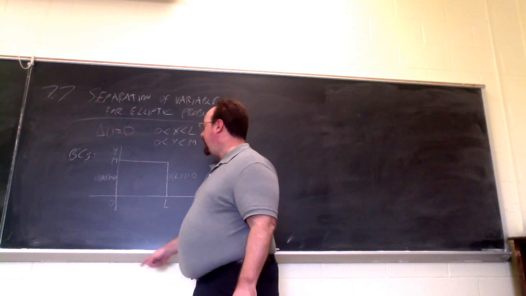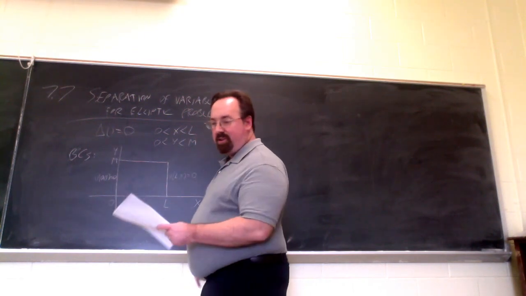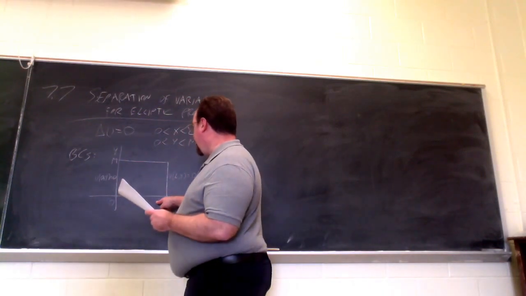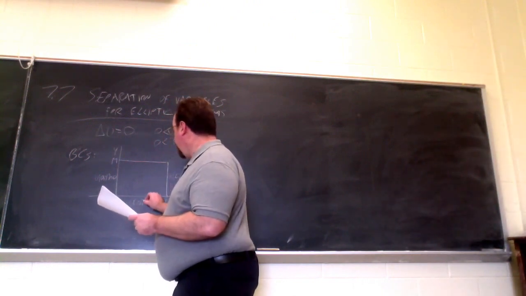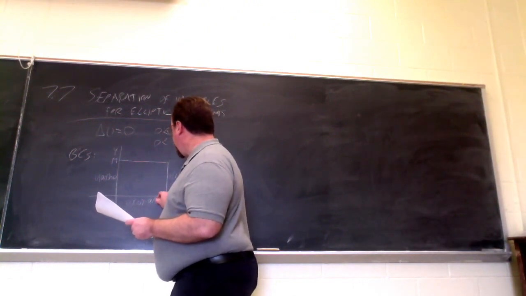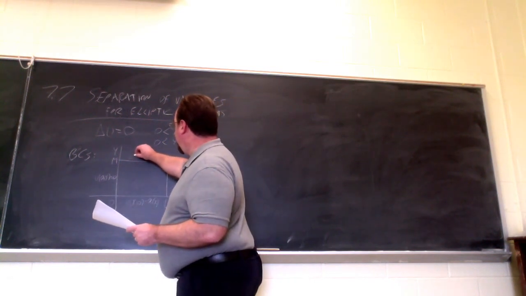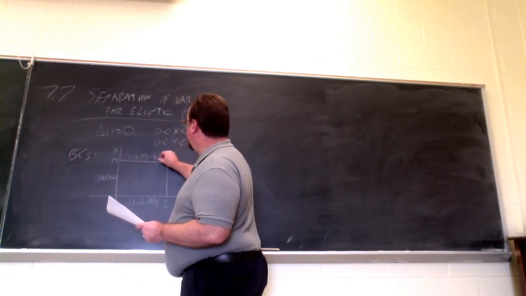So this boundary condition is a function of y, and it just happens to be 0 in this case. And then along this boundary at y equals 0, u of x, 0 is some specified function a of x. And then here we have u of x and y equal to M is some given function b of x.